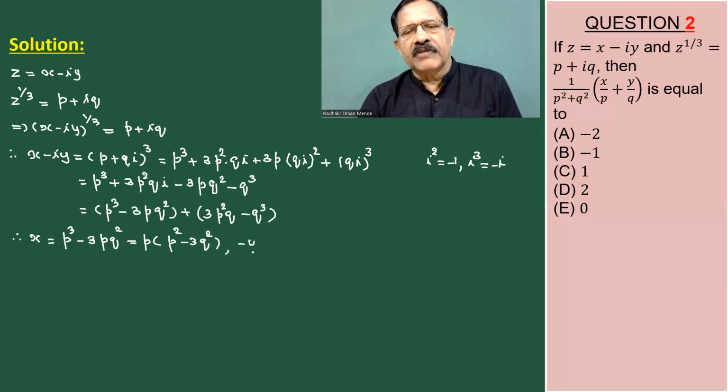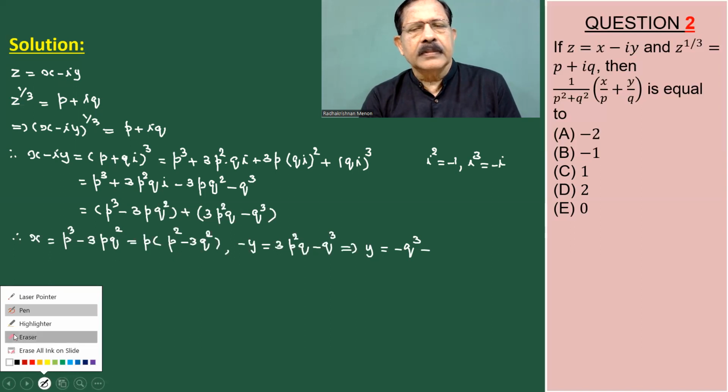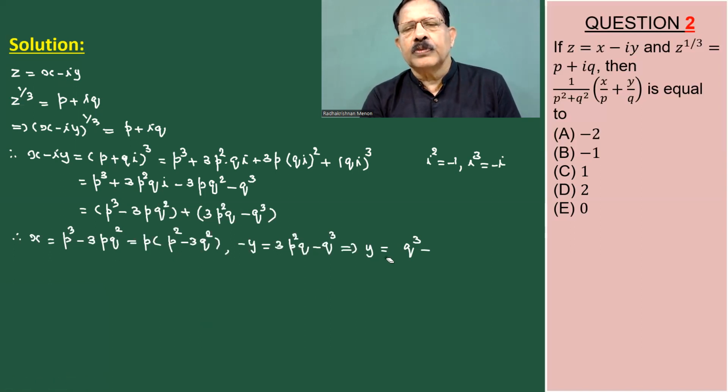Similarly, minus y is equal to 3p squared q minus q cube, which implies y is equal to minus 3p squared q plus q cube.